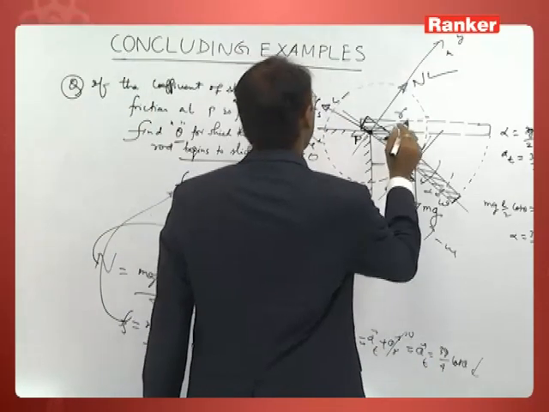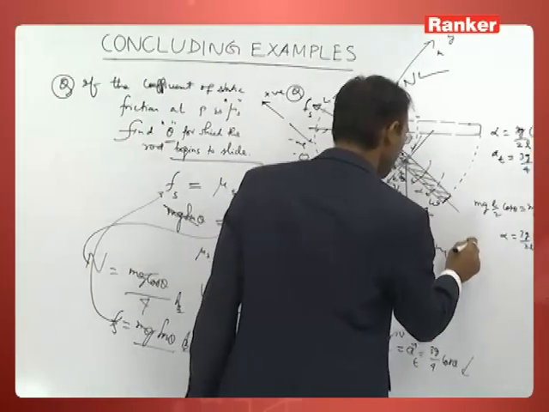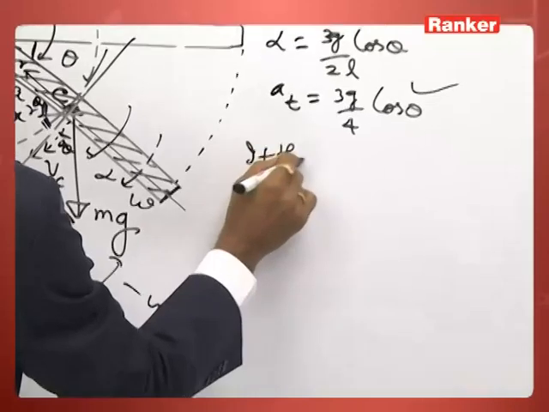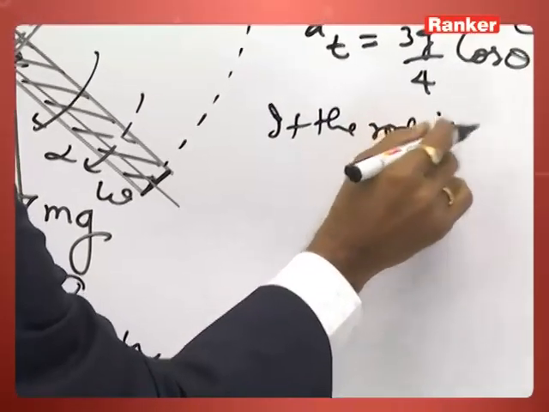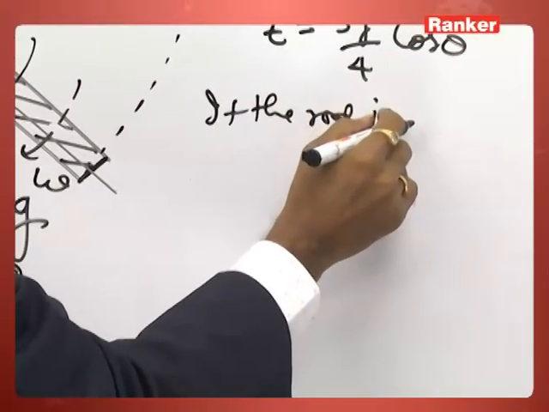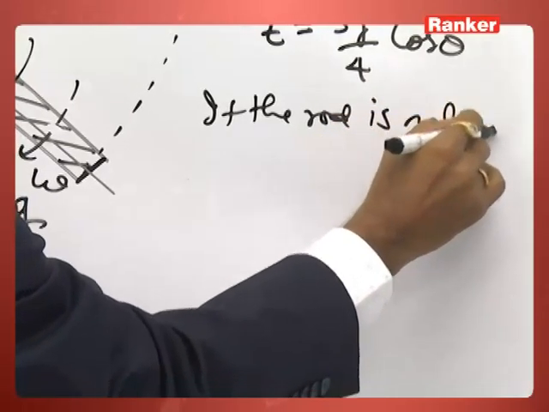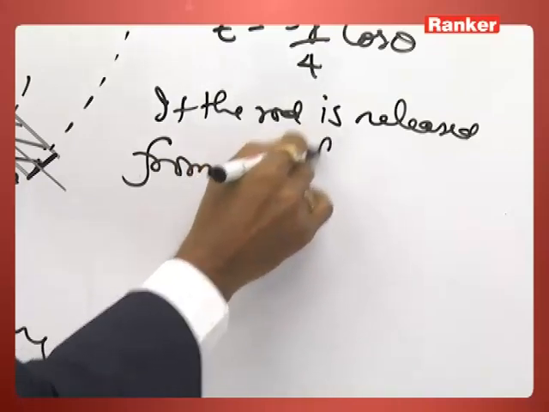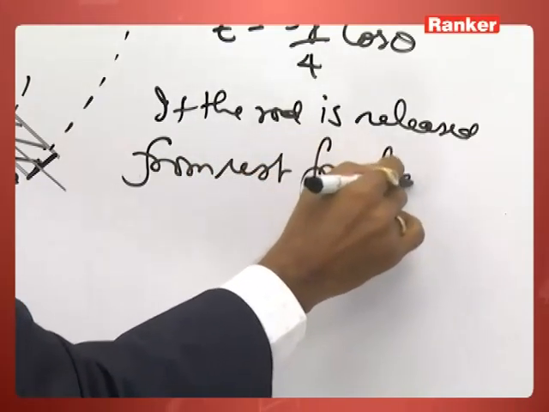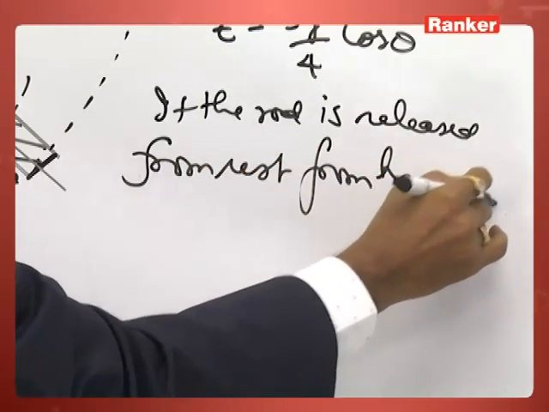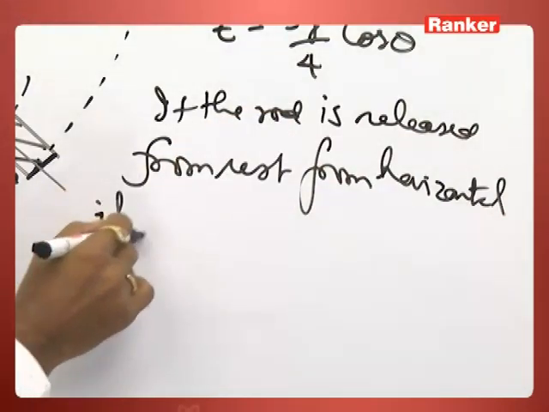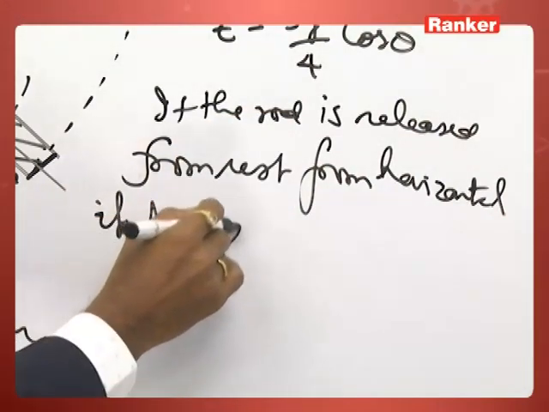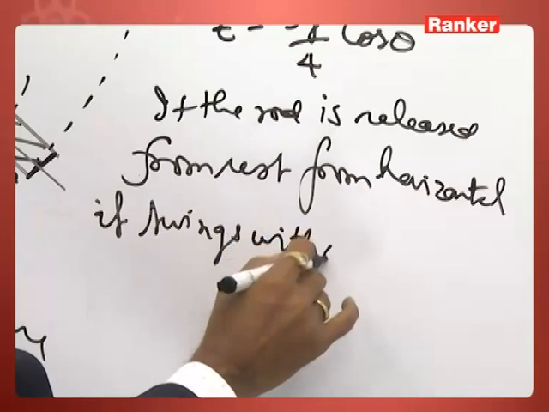For this, let us change the statement. If the rod is released from rest from horizontal, it swings without sliding.